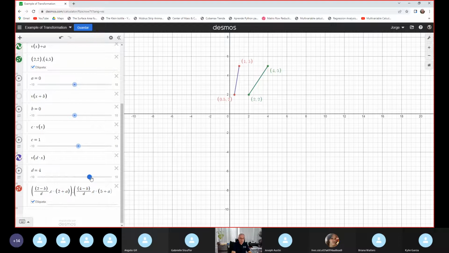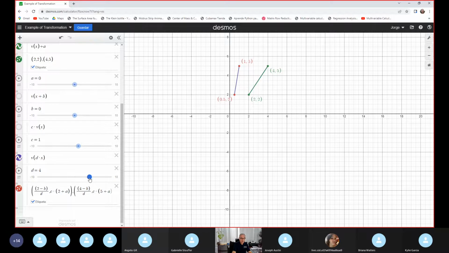Suppose one elegant number, 4. Entonces 2 divided by 4 is 1/2. And 4 divided by 4 is 1. Wow. Do you see the effect? So what is the technical name of this? The technical name is, when d is a factor inside the parentheses greater than 1, the effect is a horizontal compression.